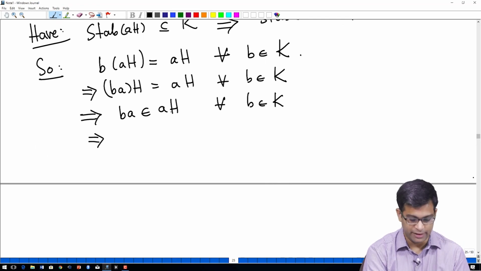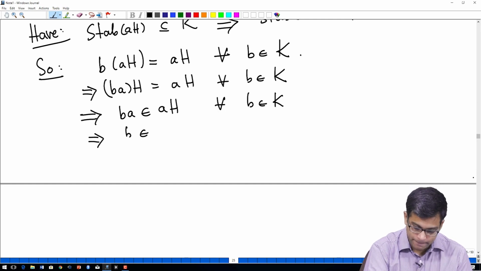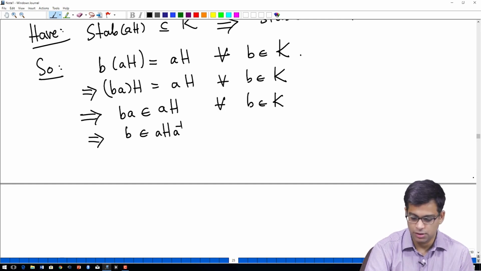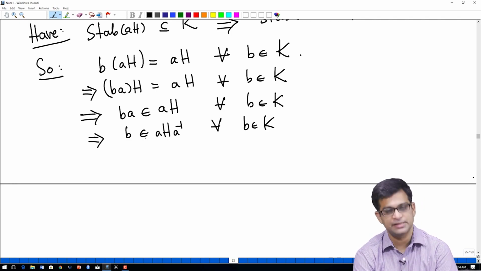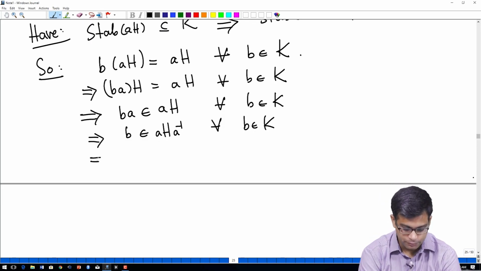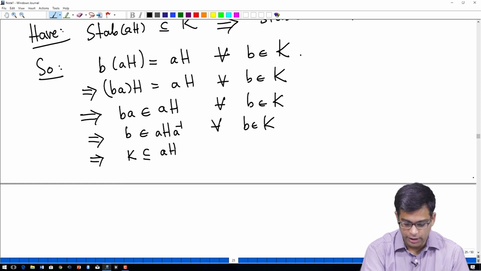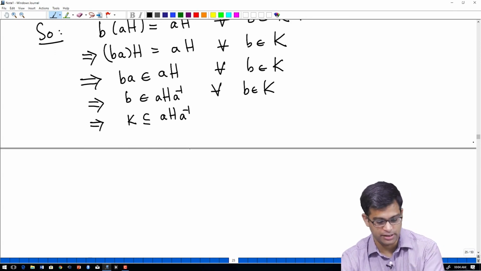So, ba is in aH, that means b is in aHa^{-1} for all b in K, because small b times small a is equal to small a times small h. I can now multiply by a^{-1} on the right on both sides to get b equal to a h a^{-1}. So, b is in aHa^{-1}. This is true for every b in K, that means K is a subset of aHa^{-1}, because every small b in capital K is in aHa^{-1}.